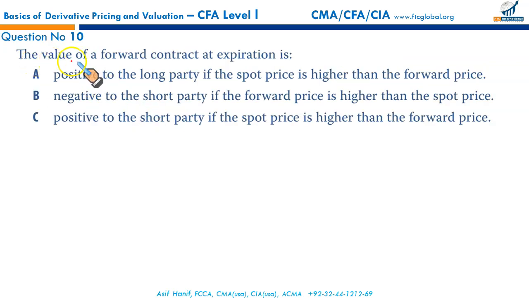Next, the value of a forward contract at expiration. This is how we calculate the value of the forward contract. It's the difference between the spot price and the forward price. So now let's consider there are two parties. One is the long party, the other is the short party.